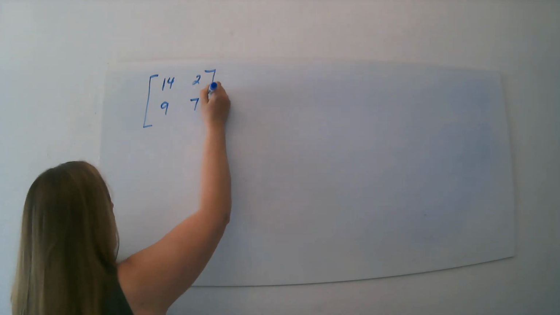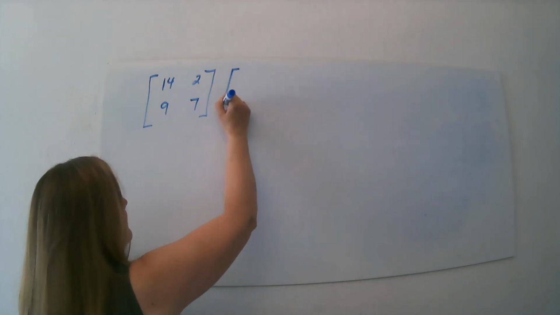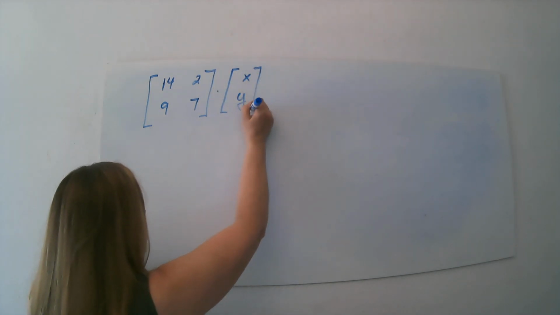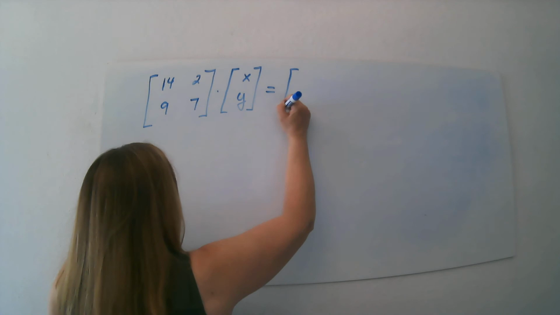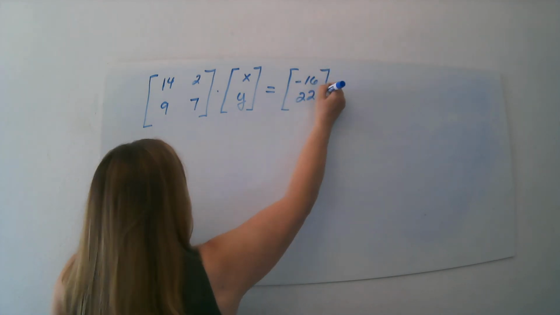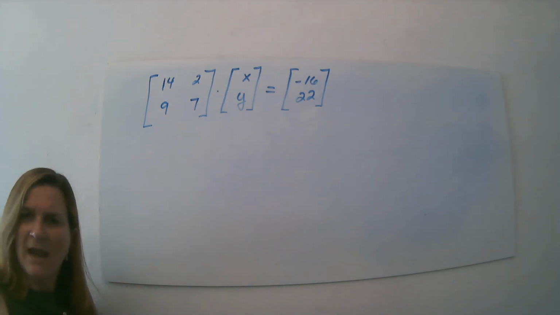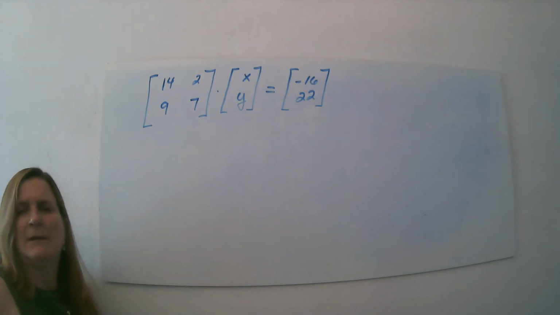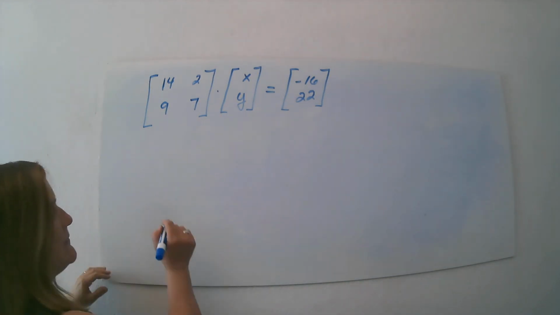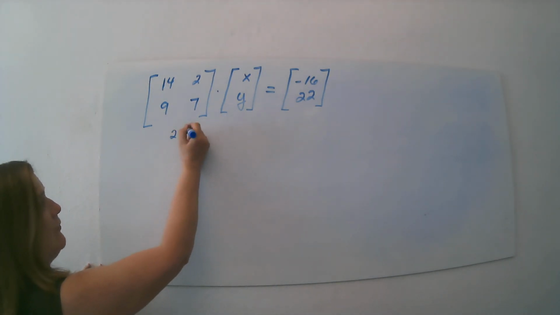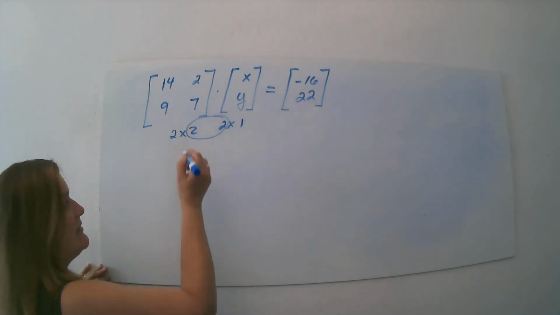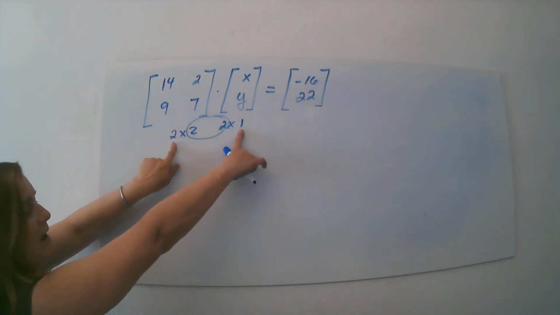And I was multiplying it by the matrix xy, and I set it equal to negative 16, 22. So I have this matrix equation. Let's see what it looks like if we multiply these two matrices together. Notice it's doable. This is a 2 by 2 multiplied by a 2 by 1. Those are a match, and our result is going to be 2 by 1.